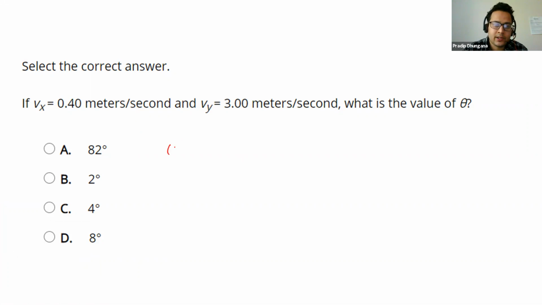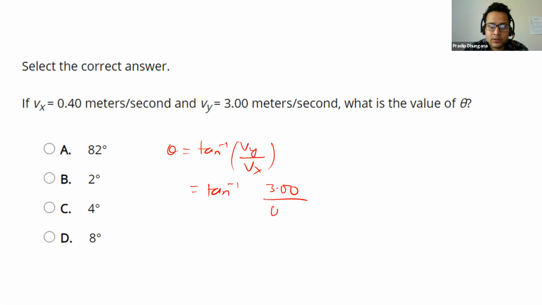So we are calculating angle theta, that is your tan inverse By over Bx. Let's substitute those values. Tan inverse of By is 3, Bx is 0.40. Now let's find that angle. We have to calculate tan inverse 3 over 0.40.